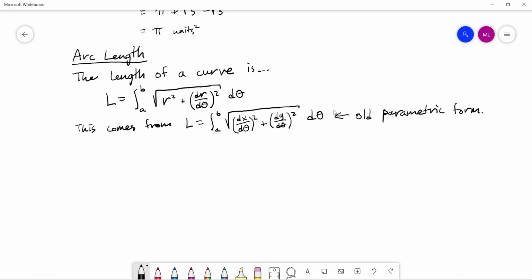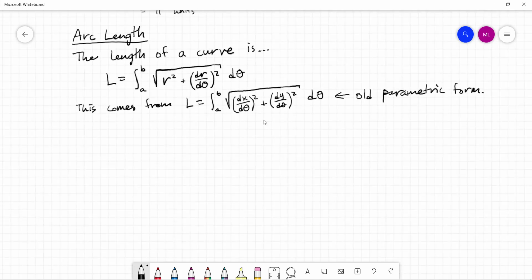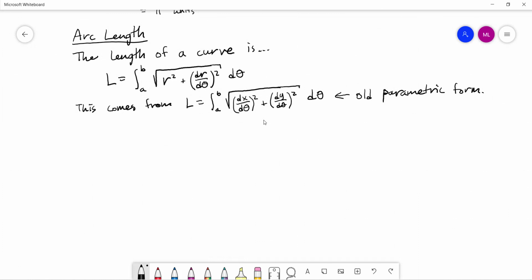All we need to remember now is what these derivatives actually look like. So remember that x is equal to r cosine of theta, y is equal to r sine of theta. And to be totally explicit, it's really r of theta, cosine of theta, and y equals r of theta, sine of theta.